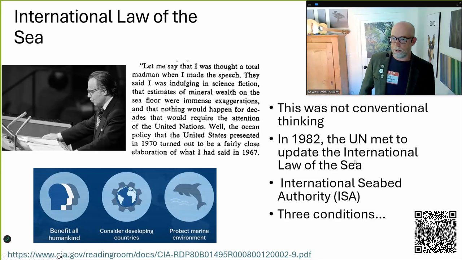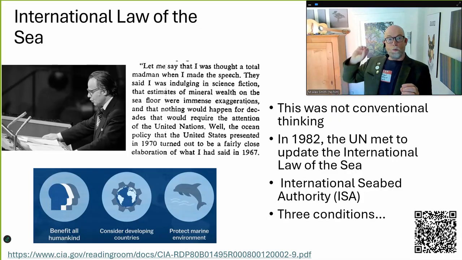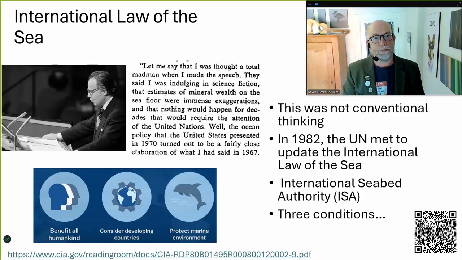That the company demonstrated that it would benefit not just one region, particularly one region in the global north, but it would benefit all of humankind. That it explicitly considered developing nations. And thirdly, that it protected the marine environment. This would be great, right? This sounds great.